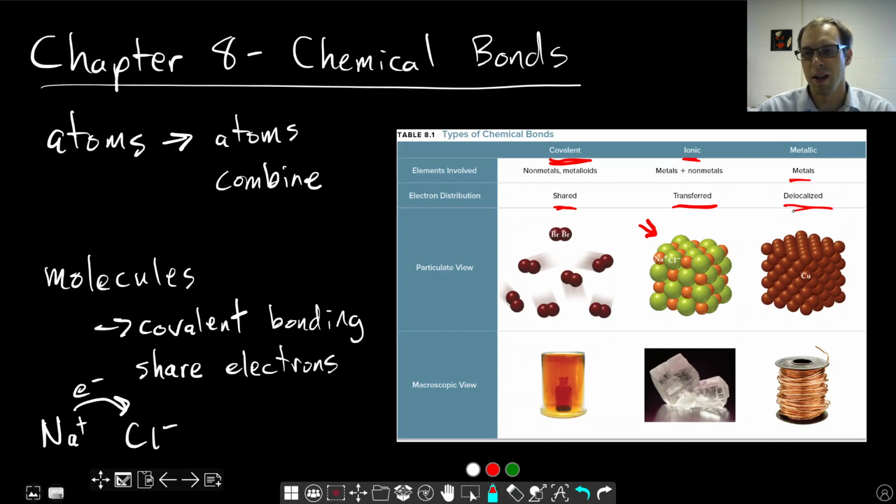So rather than being shared between atoms or transferred from one atom to another, they are delocalized and spread out across the whole crystal structure of the metal. And again, just to bring this up as a type of bonding. We're not going to focus on this a lot. You're not going to be asked questions about this a lot, but just want to bring it up. And if you're interested, you can find out more about this.